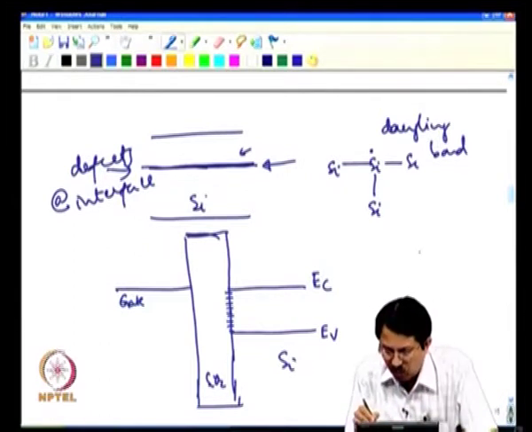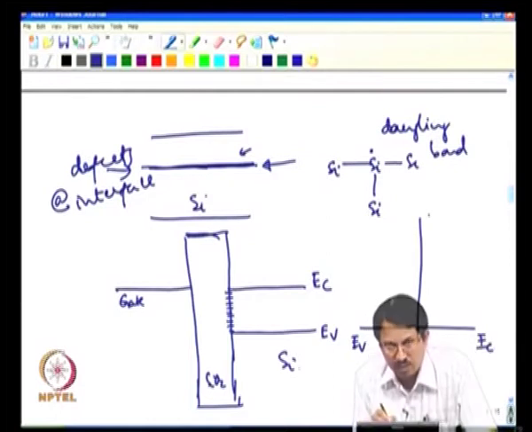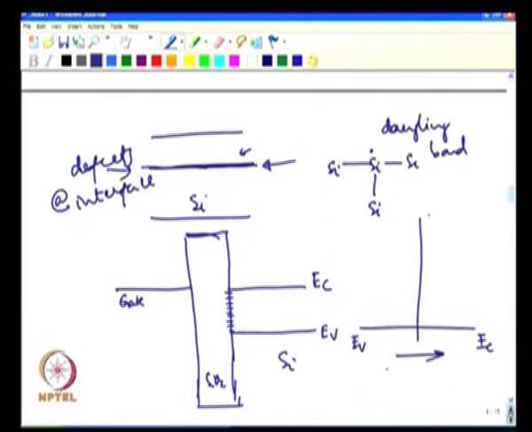And experimentally, it has been seen that if you were to go from valence band edge to the conduction band edge in terms of energy, in terms of your trap density, you get a distribution which looks something like this. At the middle of the energy, which is what is important as far as transistor capacitor operation is concerned.